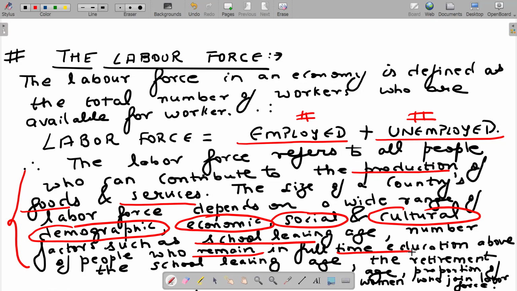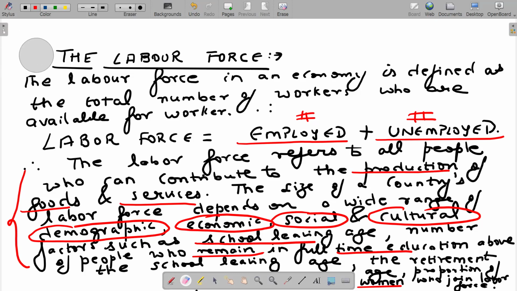It depends upon the retirement age as fixed by the government or different industries. It also depends upon the proportion of women who are joining the labor force. All these factors are going to influence the size or the magnitude of a country's labor force. And obviously, since these factors might differ from country to country, the size of a labor force is also going to vary from country to country. So, hoping students have understood this.